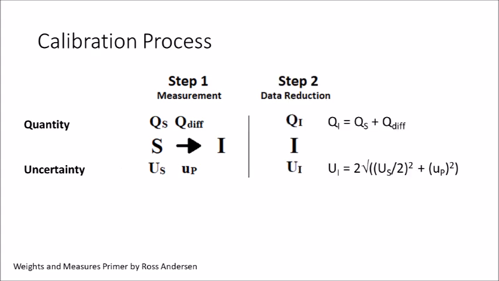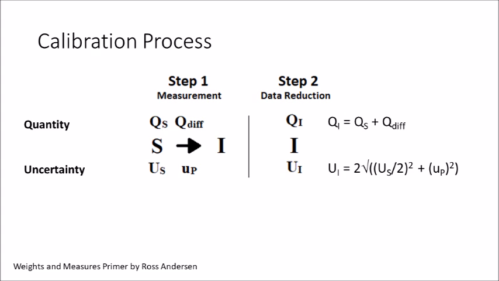In step 2, what I'm calling data reduction, we take those 4 pieces of information and we produce a new measurement result, which is a quantity and an uncertainty assigned to the instrument I. The quantities are simply the sum of the quantity of the standard and the quantity of the difference, the indications from the measurement. The uncertainty, however, is not just a simple addition.